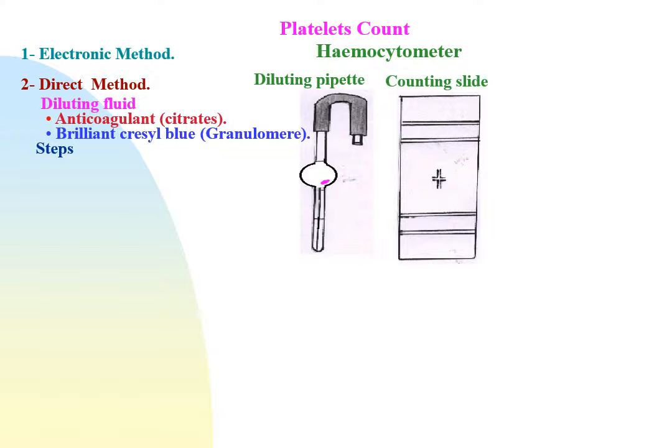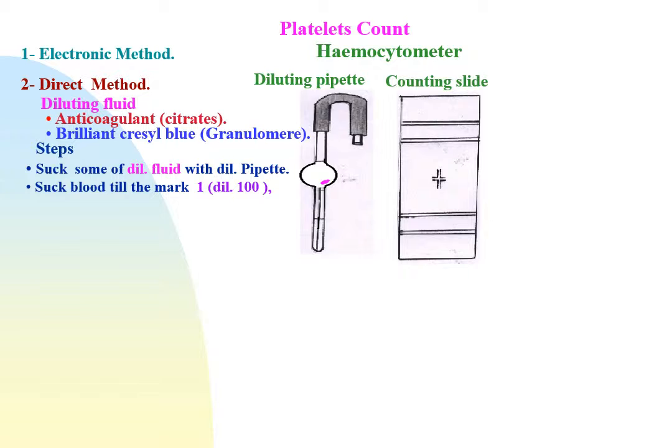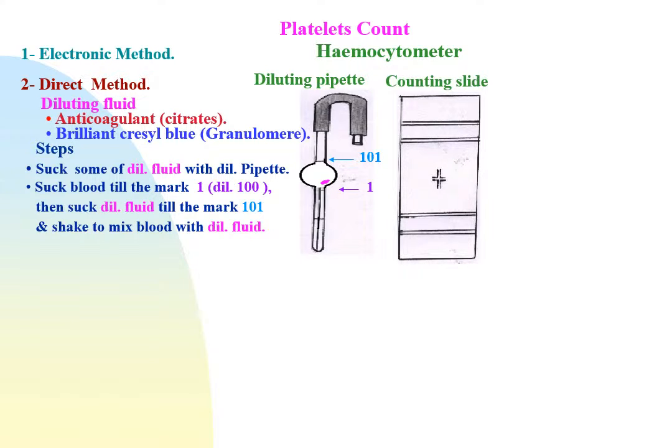Steps: suck first some of the diluting fluid to prevent adherence of the blood platelets to the wall of the pipette. Then suck blood up to the mark 1. Then suck the diluting fluid till the mark 101. Shake well to mix the blood with the diluting fluid. Pour the diluted blood on the counting slide and cover with a cover slip.